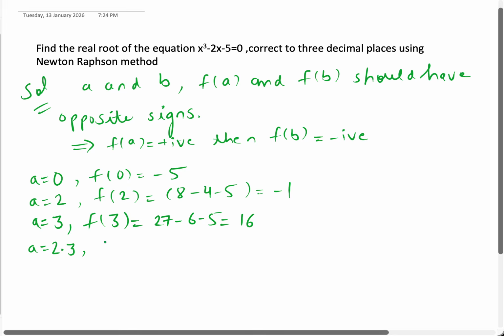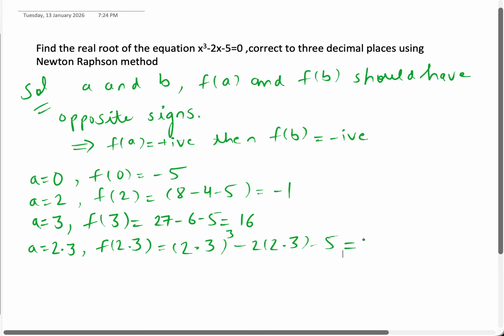Let's try 2.3. Why I am taking 2.3 is that for a equals 2 I got minus 1, and if I increase the value, f is increasing, so I am just trying to increase it. This will be 2.3 cubed minus 2 times 2.3 minus 5.